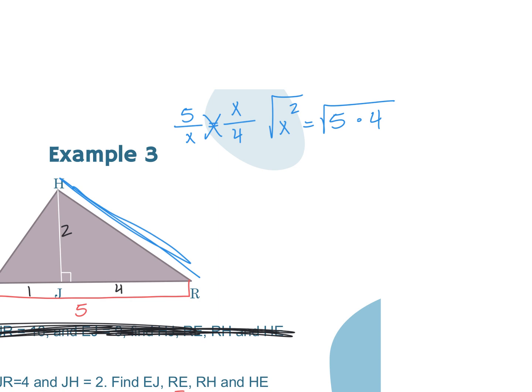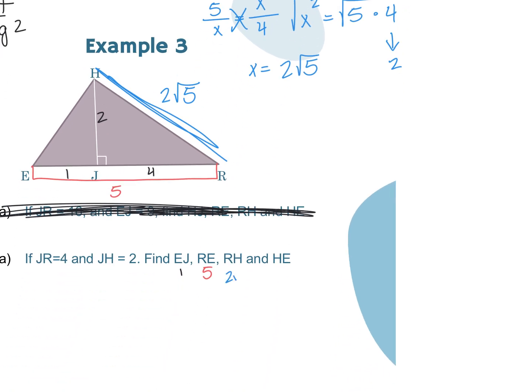Square root it. Are any of these perfect squares, or perfect roots? Yes. 4 is. I'm going to take a 2 out of there. Can I simplify the square root of 5? No. So x is going to equal, for this side, 2 radical 5.